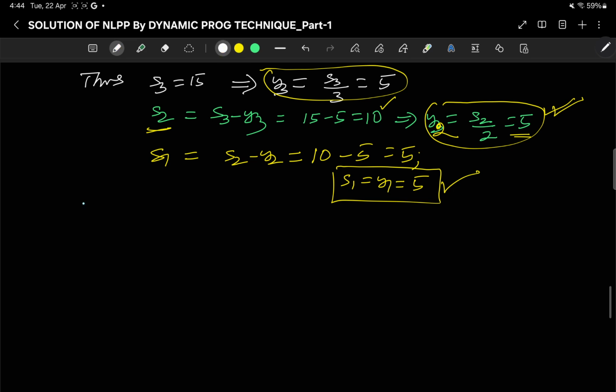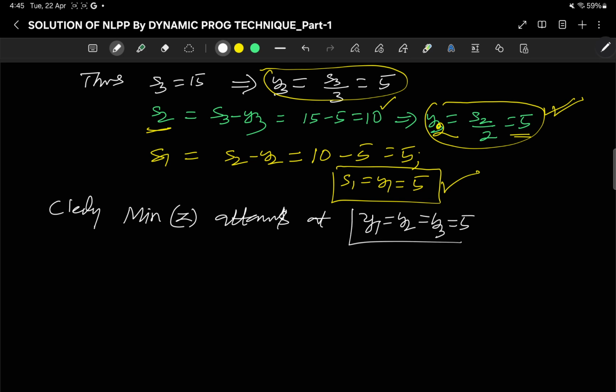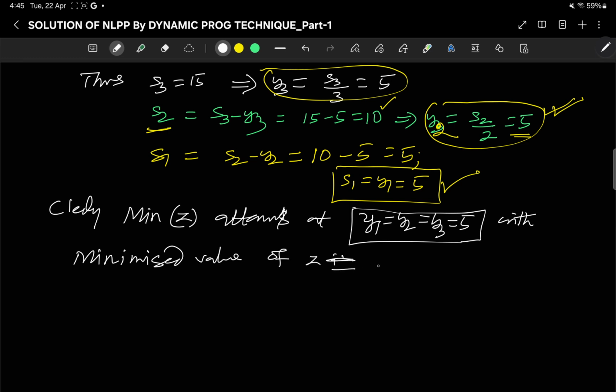So clearly the minimized z is attained at y1 equal to y2 equal to y3 equal to 5, with the minimized value of z equal to how much? y1 square plus y2 square plus y3 square is 25 plus 25 plus 25, which is equal to 75.